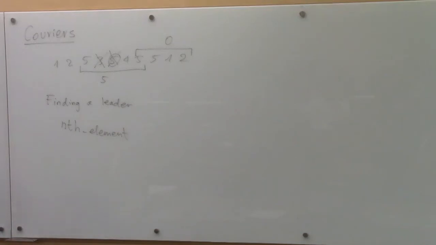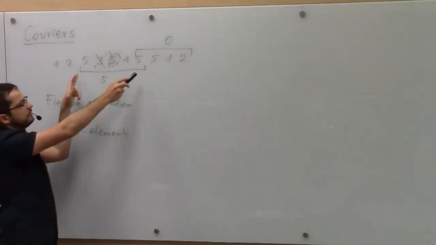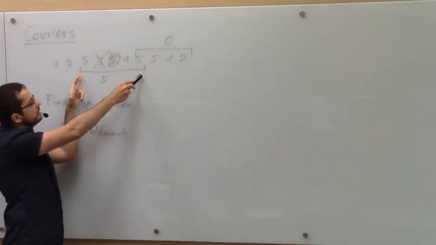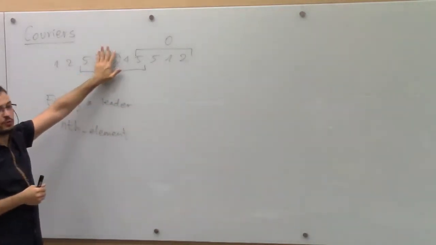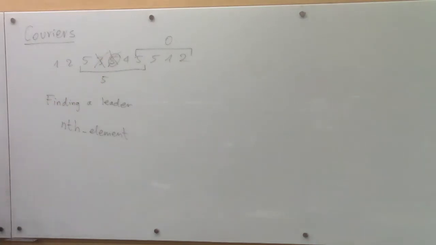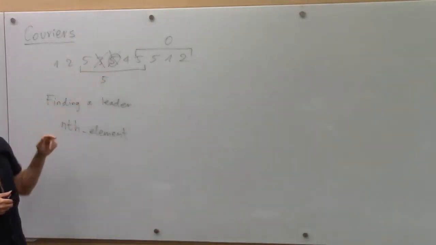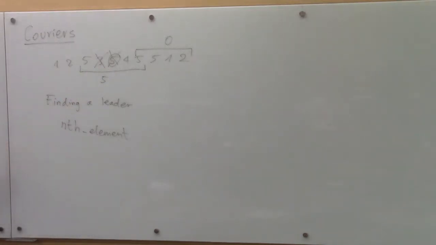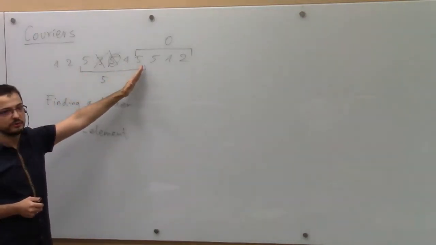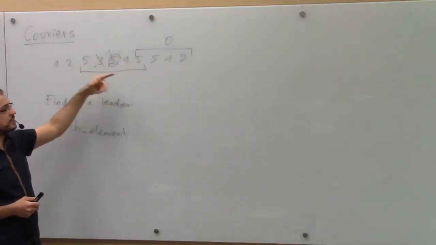Then we get a smaller sequence without two elements. And there's a nice property: if the bigger segment has a leader, then the smaller segment, without these two different elements, will also have the same leader. Because these guys are different, we removed at most one element which was the leader. So if the leader occurs more than half in this bigger segment, it will occur more than half in this smaller one.